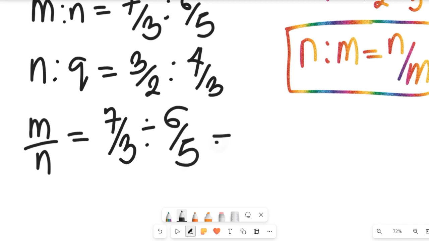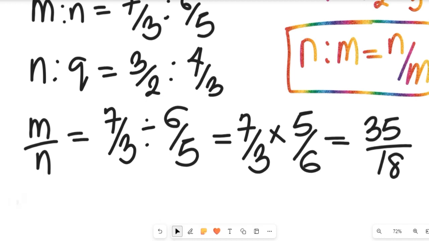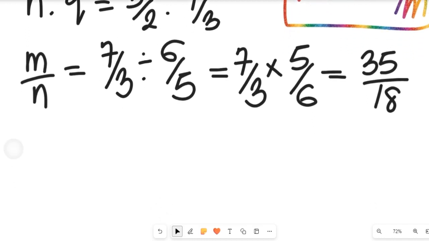If we simplify this, you're going to have 7 divided by 3 multiplied by 5 divided by 6, and this will be equal to 7 times 5 is 35 divided by 6 times 3 is 18. So that tells us that m ratio n is equal to 35 ratio 18.